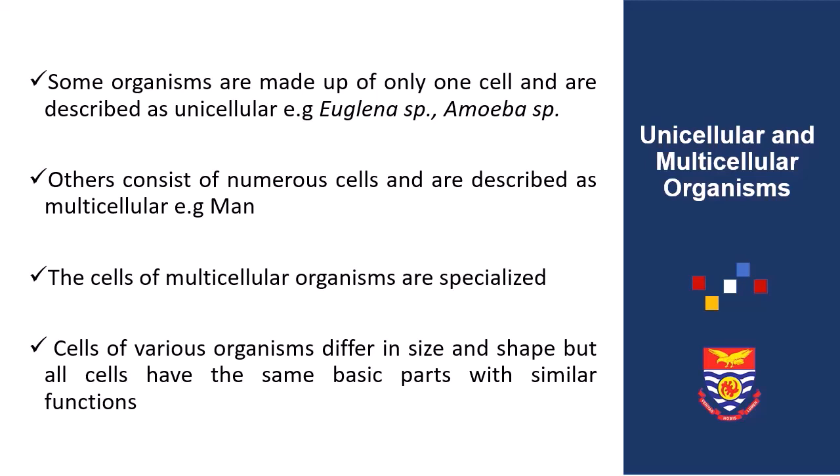Because the body structure of multicellular organisms is complex, the cells are said to be specialized in that different groups of cells develop to carry out different functions. One thing we have to know about cells is that cells of various organisms come in different sizes and shapes. However, the basic function of the parts is similar. They all have the same basic parts with similar functions.